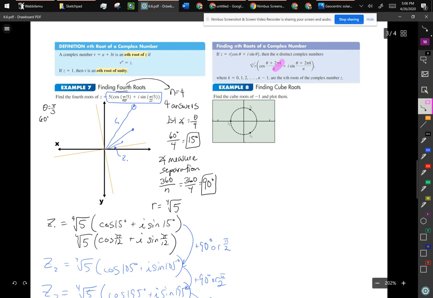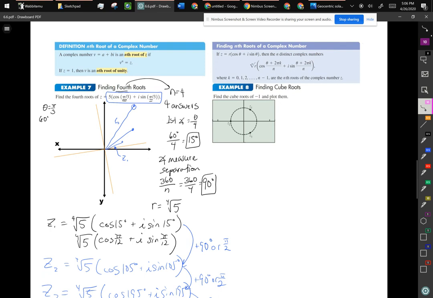The k for the first answer is 0. So you don't add anything. It's just theta over n, 60 over 4, or 15 degrees. It's 2 pi over n times 0. So that part, you don't add the 90. That's why this first answer had an angle of 15. But once you get to the second answer, that k becomes 1, and then you have to add the 90.